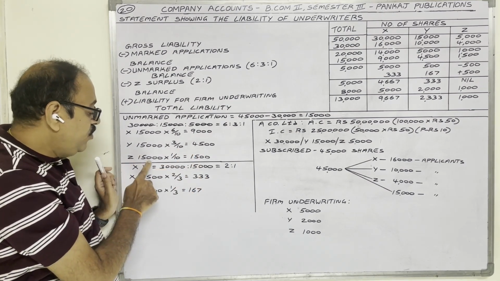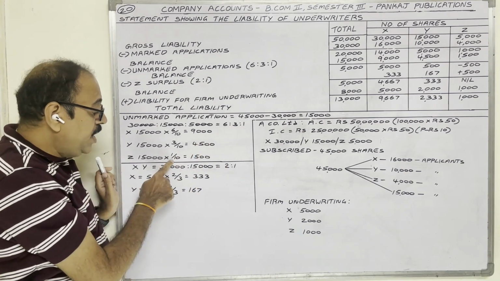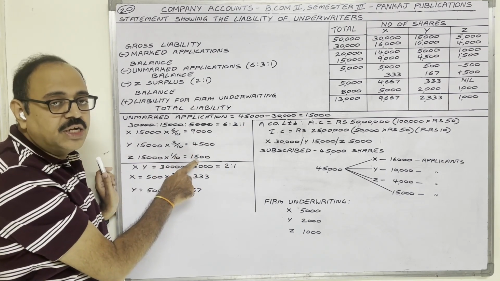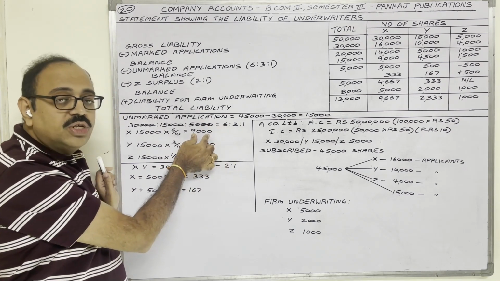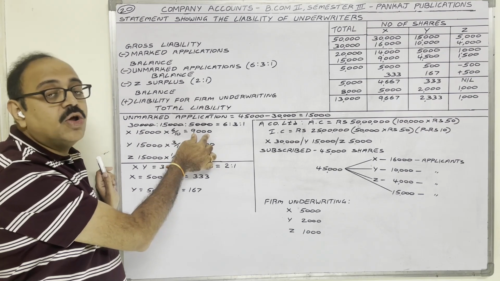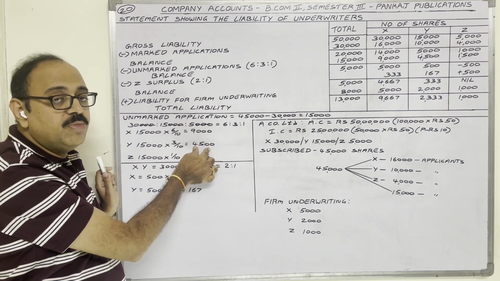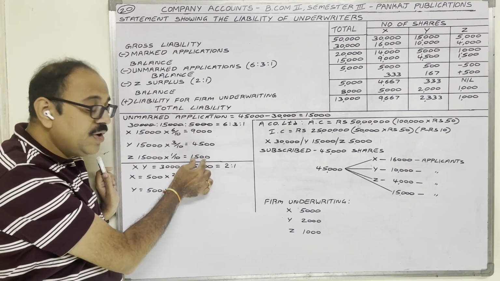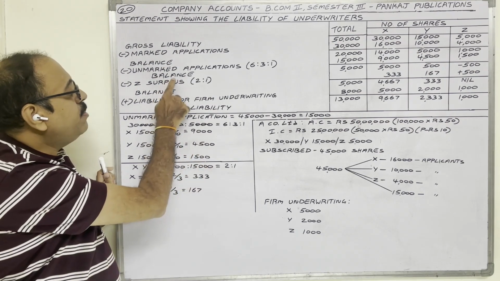For Z, 15,000 shares into Z's number 1 by 10 is 1,500 shares. So in these 15,000 shares, 9,000 we subtract from X's gross liability, 4,500 from Y's gross liability, 1,500 from Z's gross liability.